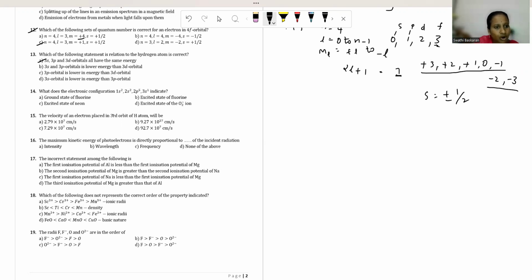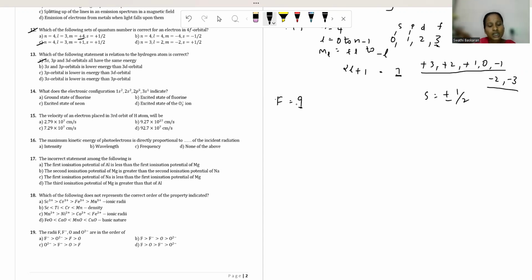Now let us look into the options. Ground state of fluorine. What is the atomic number of fluorine? Fluorine has atomic number 9 only. In such case, how can the ground state of fluorine have 10 electrons? So option A is wrong. Now coming to the second one, excited state of fluorine.